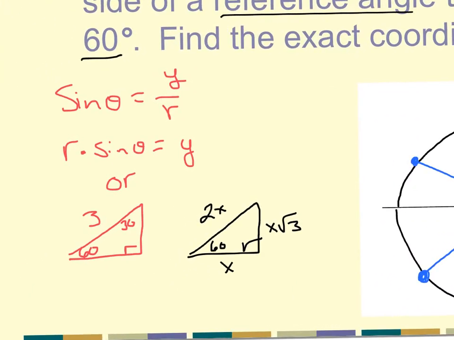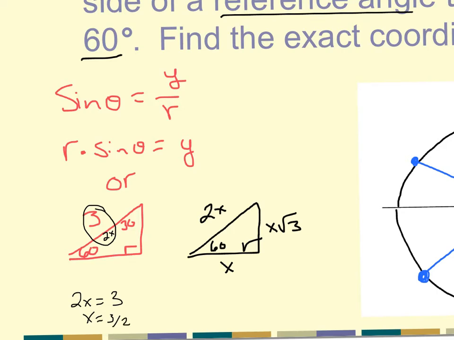And so what we did is we put the 2x on the inside, and we said, okay, well, if 2x is equal to 3, that means x is equal to 3 halves.